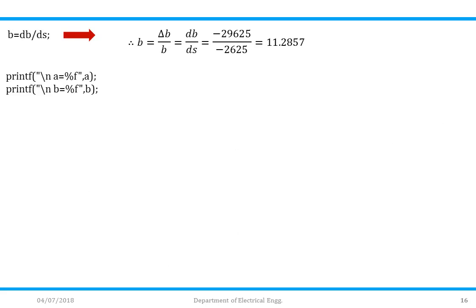Now I want to print what the answer for A is and what the answer for B is. So that's why here I have used print with \n for a new line. a equals percent f comma a. As a and b are taken as float, that's why here we have used percent f, percent f. So it will print the answer as the value of a and the value of b.